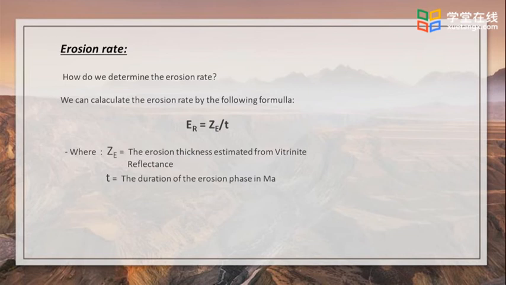So we can calculate the erosion rate by the following formula: ER equals ZE divided by T. ZE is the erosion thickness estimated from the vitrinite reflectance, and T is the duration of the erosion phase in million years.